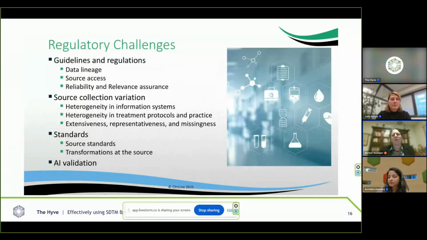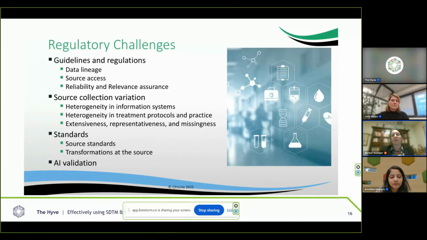So there are a lot of regulatory challenges when you want to use these data sources. And those guidelines and regulations want you to show the data lineage from the data source to your submission. So every step in that process needs to be shown and also needs to be governed. And so you often also need to have source access.